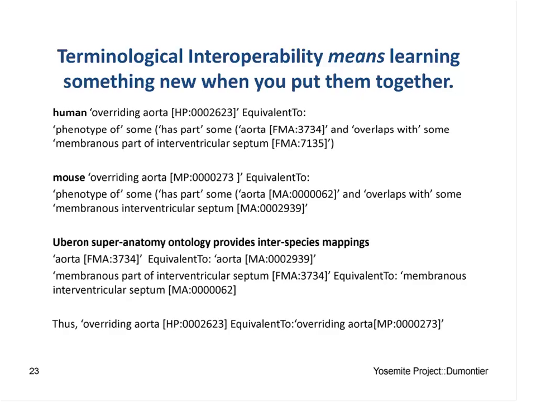And if you have an equivalent mouse phenotype, overriding aorta, we can discover that these are equivalent by virtue of their descriptions. And so this is one of the powerful things about having an ontology language like OWL, which is amenable to automated reasoning: you can discover concepts that are similar or equivalent based on their descriptions, rather than somebody saying this term is exactly the same as this term, but in a different organism.